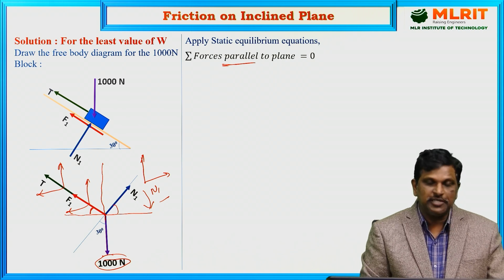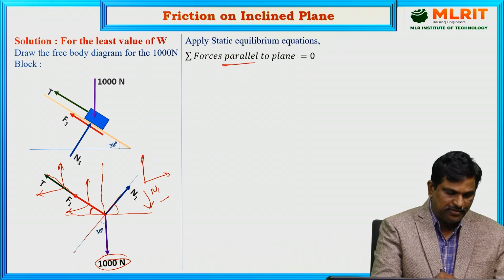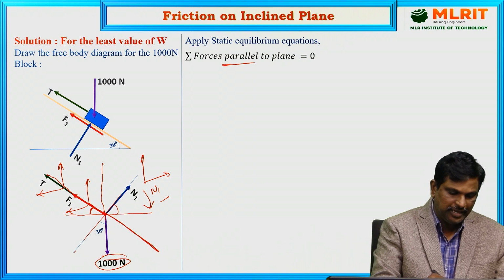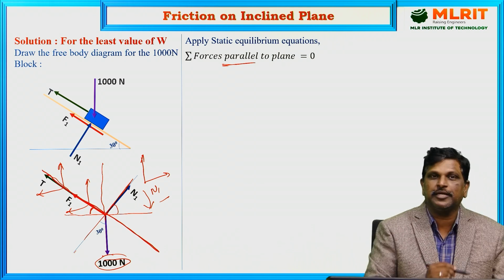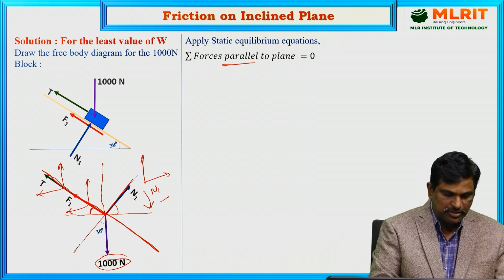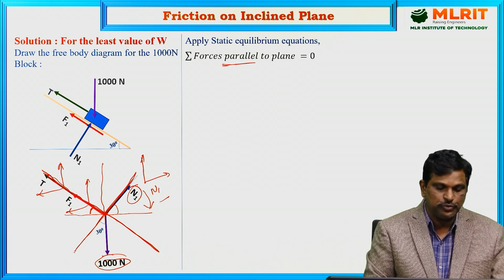The advantage is, see here, if we resolve the forces parallel to the plane, T1 and F1 are in the direction of the plane, and N1 is normal to the plane. And if we resolve perpendicular to the plane, we will consider N1 only, and F1 and T will not contribute to that.